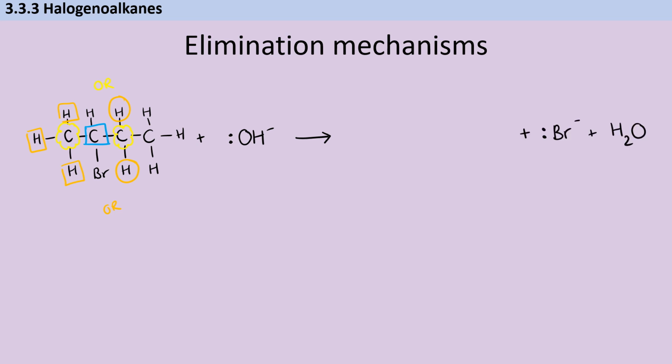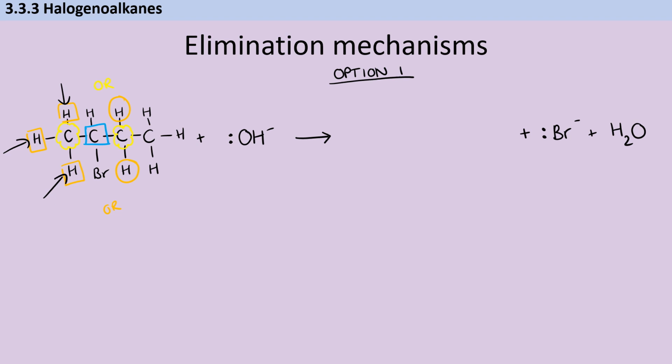What we can say for certain is that we're going to have a bromide ion leaving group and also a water molecule made from the hydrogen that is eliminated and also the hydroxide ion. But as for the other product, we've actually got two options. So option one is that this terminal carbon has its hydrogens attacked. So any of those three, we would get the same product.